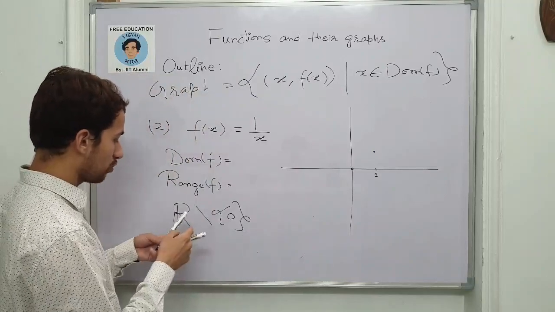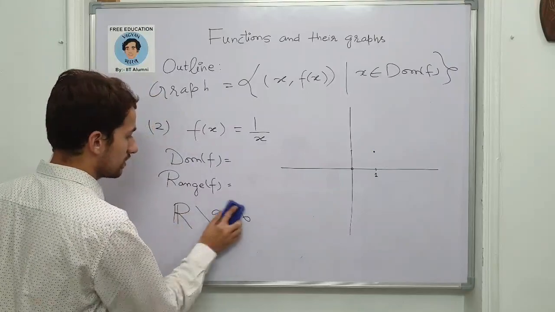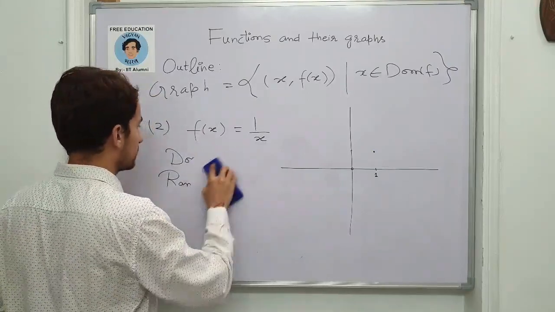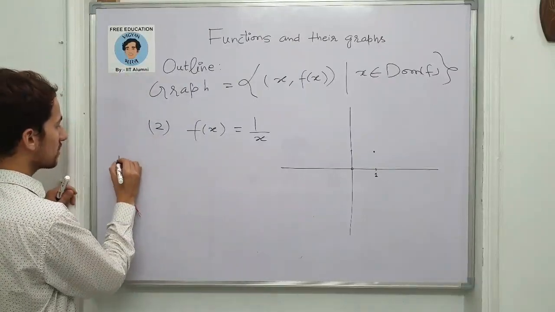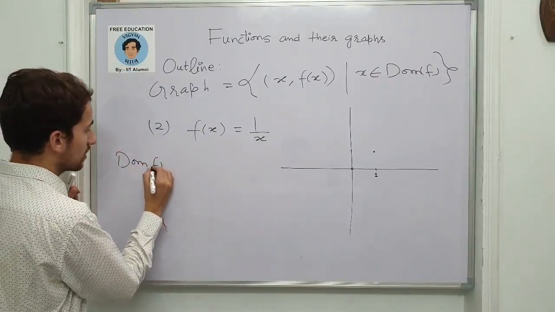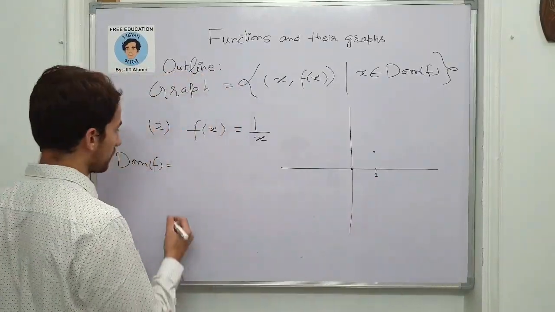We have understood its domain. So the domain of f is the set of all input values except 0.